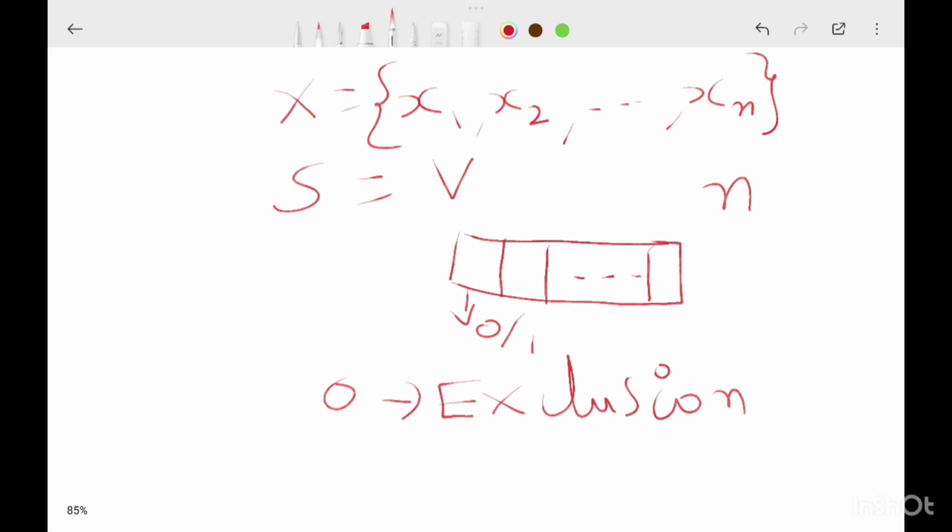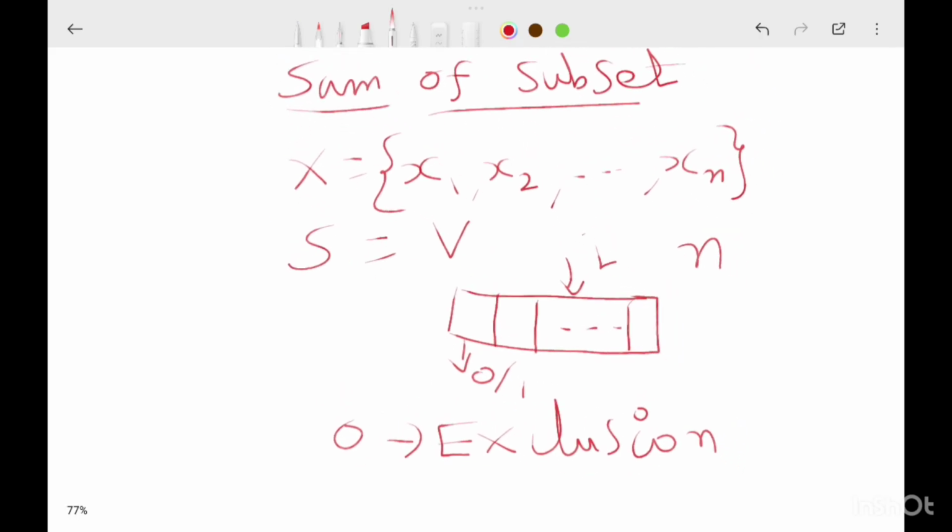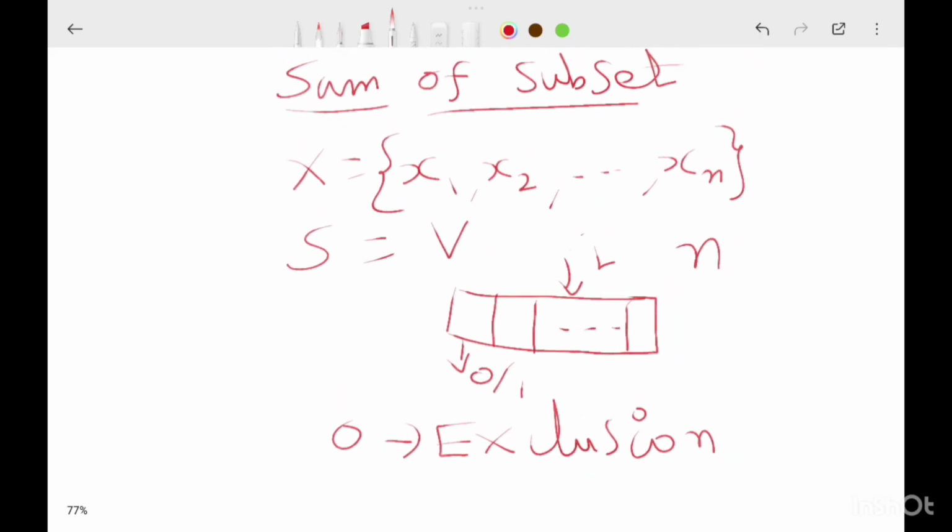Suppose this is the ith value, that means the index is i. If the value stored at index i in the result is 0, it means the value stored at the ith index in x is not included in the result.